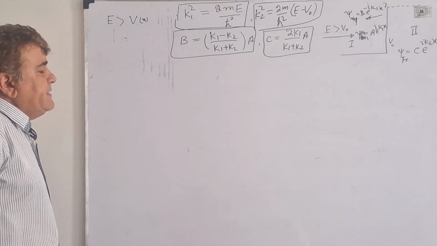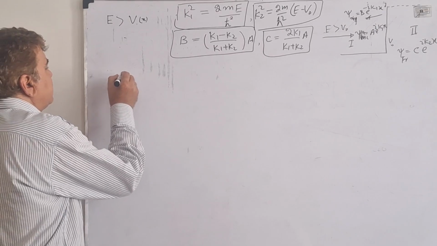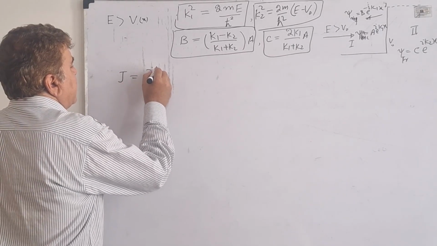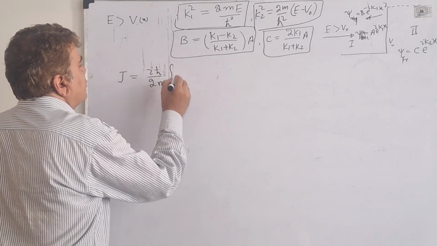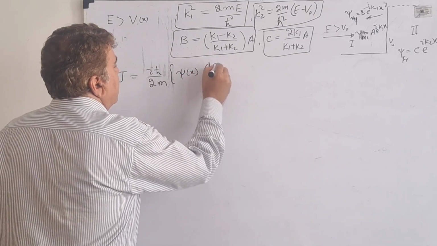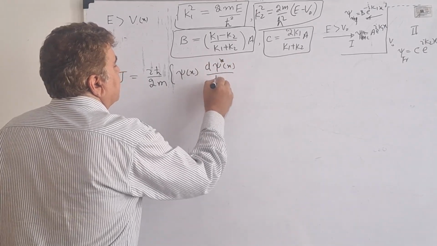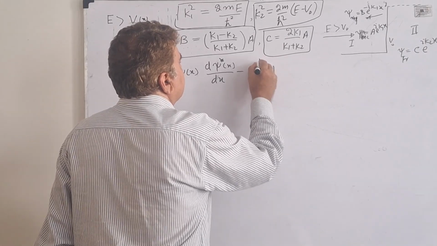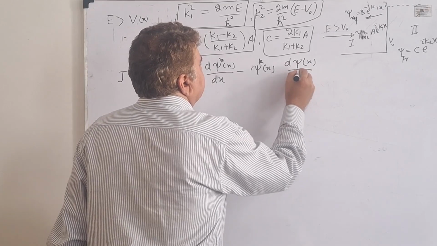And in order to find T and R, I need to find the probability current density, which by definition is given by iota h bar divided by 2m into psi of x times the derivative of the conjugate of psi of x minus conjugate of psi of x times derivative of psi of x.